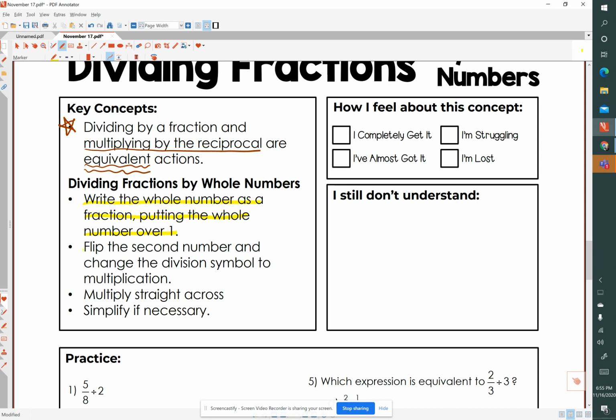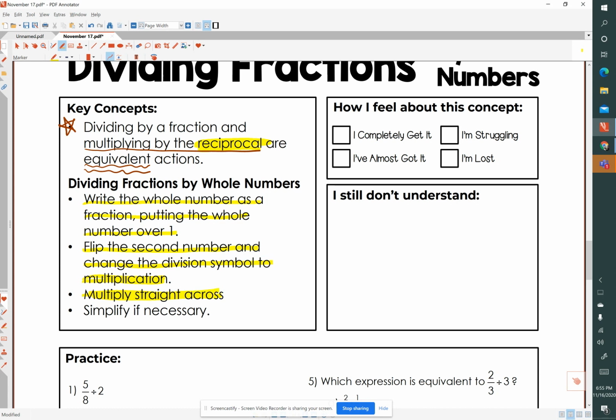Then we will flip the second number to find that reciprocal, and as we do that, we will change the division symbol to multiplication. Then we will multiply straight across. We are not cross-canceling.